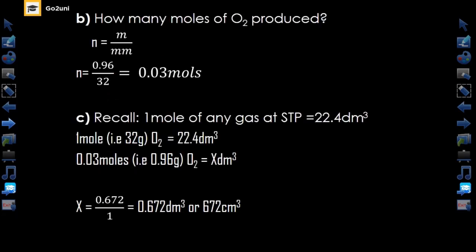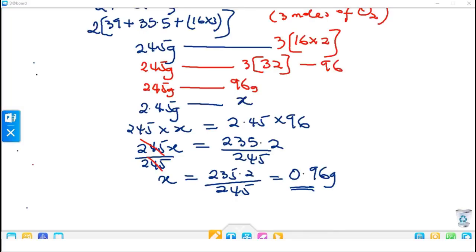What we need to do is recall that 1 mole of a gas occupies 22.4 dm cube. When we write O2, that is simply 1 mole of oxygen gas, and 1 mole of oxygen gas is 32 grams, because oxygen is 16, and since there are 2 atoms of oxygen, it will be 16 times 2.